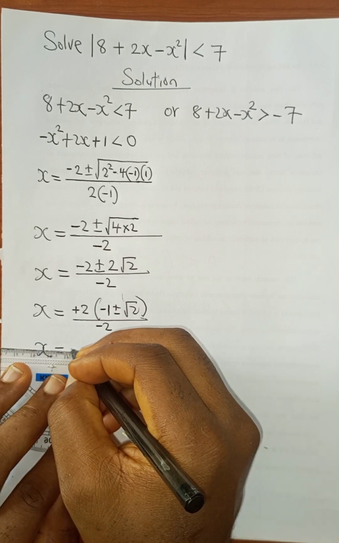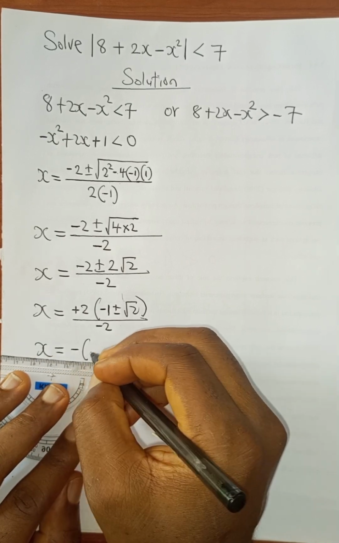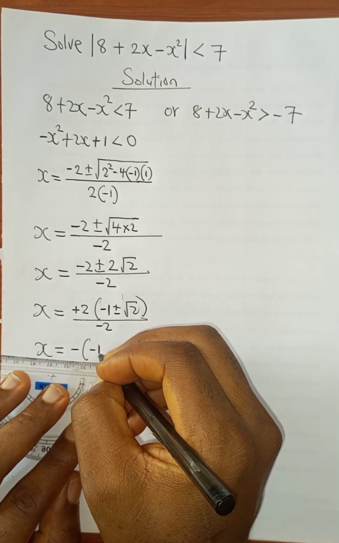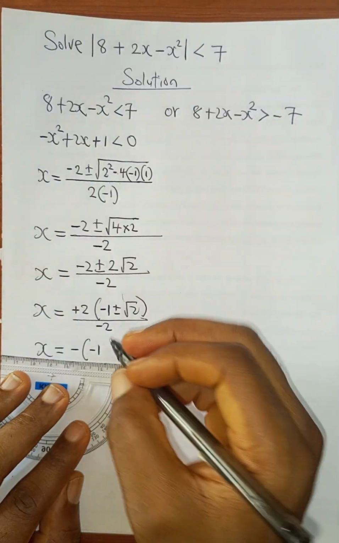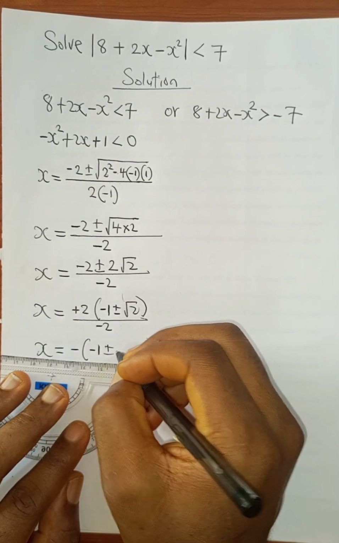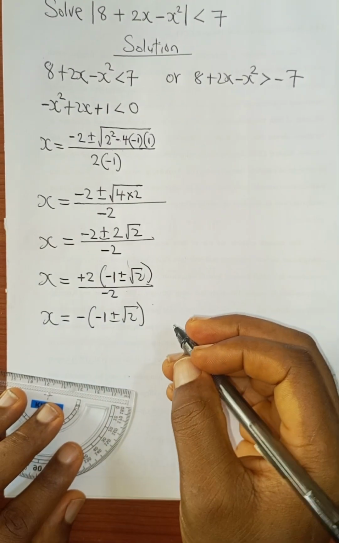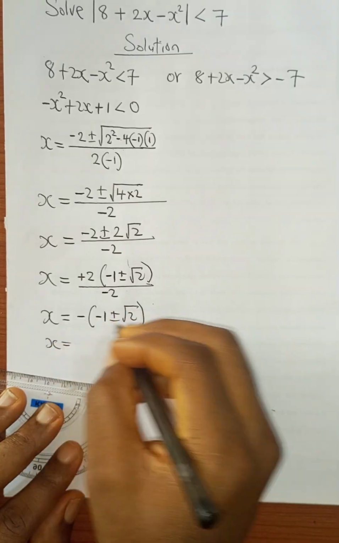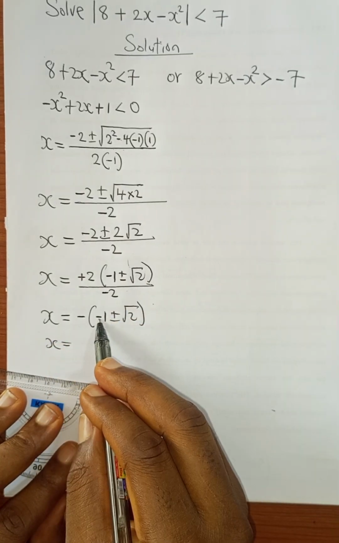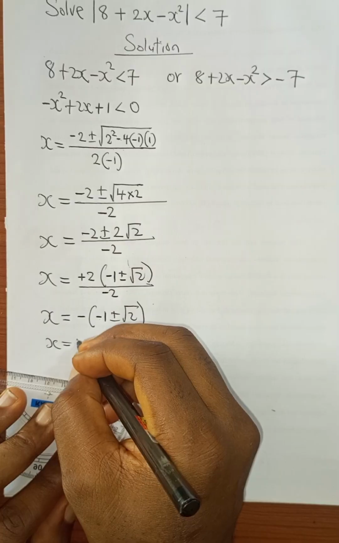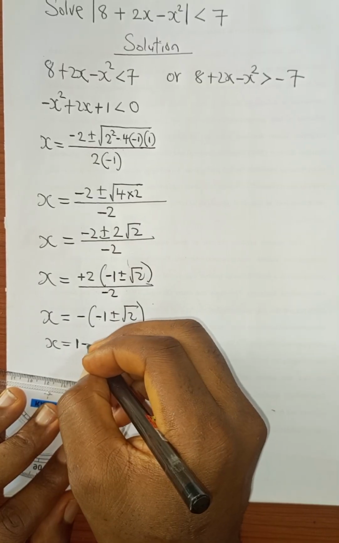So we have something like this: minus bracket minus 1 plus or minus root 2. So s equals, let's separate this answer. This time this is plus, so that is 1 minus root 2.